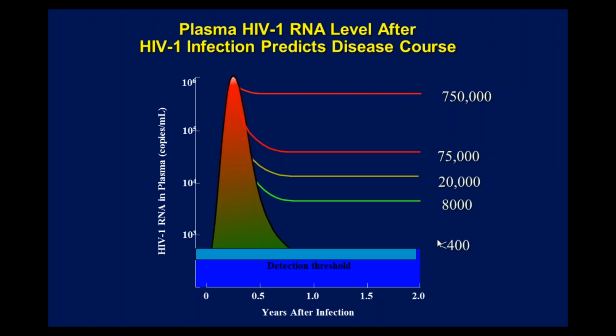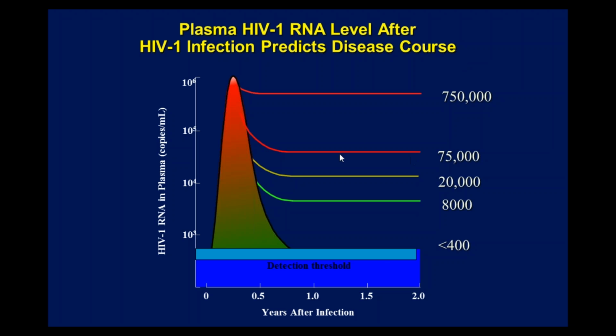This is a scale that we used to use some years ago, and the limit of detection for the virus was about 400 copies per ml. Now we have technology that will take us down to about 40 copies, in some cases 20 copies per ml. We can never detect zero, all right? But what we found is that if you're under a certain level, your likelihood of progressing is very low.